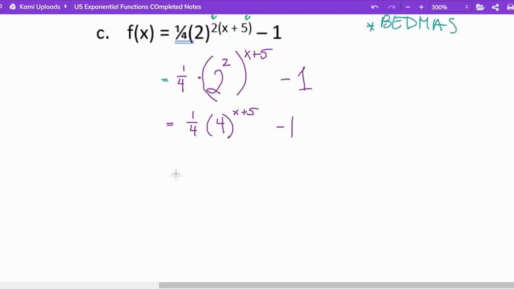Okay, and now we can undo this by doing the product rule. So we've got 1/4 times, and here, because the exponents are added, we're breaking it down to 4 to the power of x times 4 to the power of 5 minus 1. Okay, nice and slow.